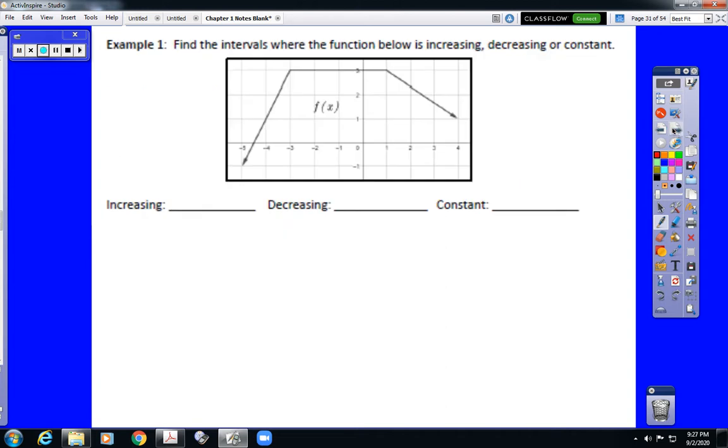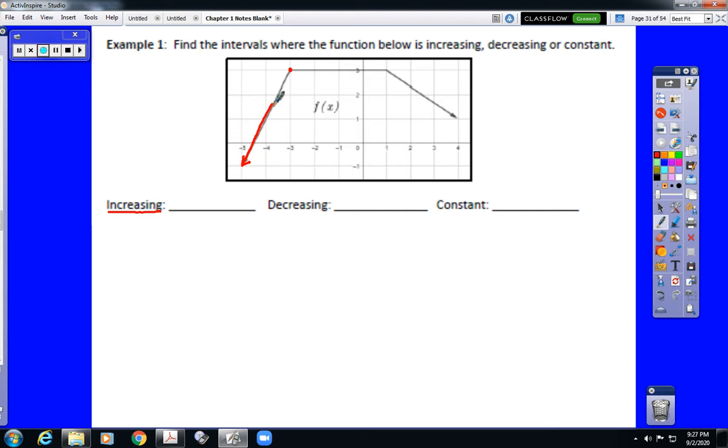Here is a graph. We're asked to find the intervals on this graph of f of x where the function is increasing, decreasing, or constant. So if we look at this graph for increasing, the graph starts off down here at negative infinity, and it's increasing as we move across until we come to this point.